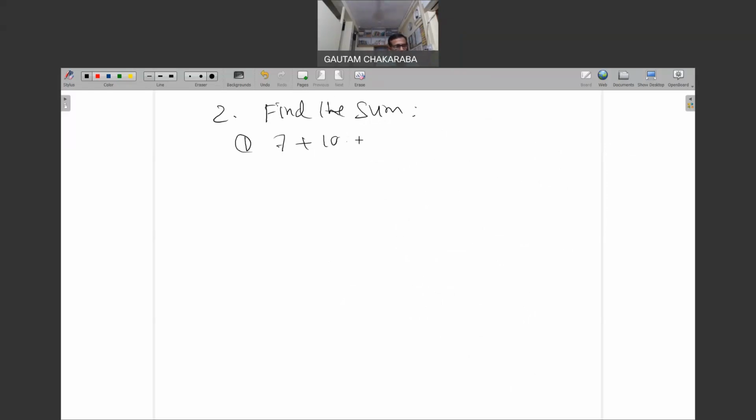Now question 1: 7 plus 10 1 by 2 plus 14 plus so on up to 84. Okay, here a is 7, d is 10 1 by 2, second term minus first. Now convert this mixed number to a fraction. So 10 to 20 plus 1, 21 by 2 minus 7.